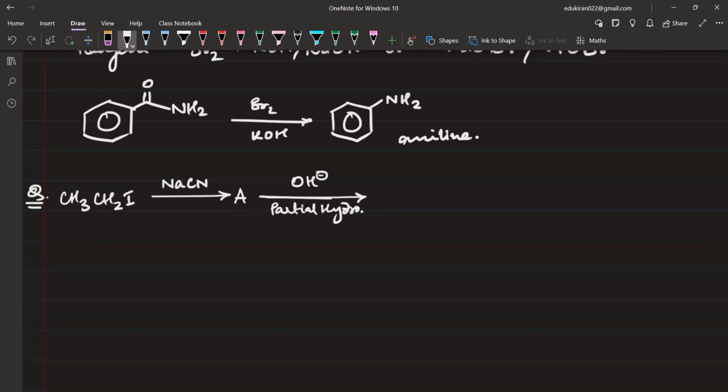It gives a product B, and when B is treated with NaOH and Br2, it gives C.